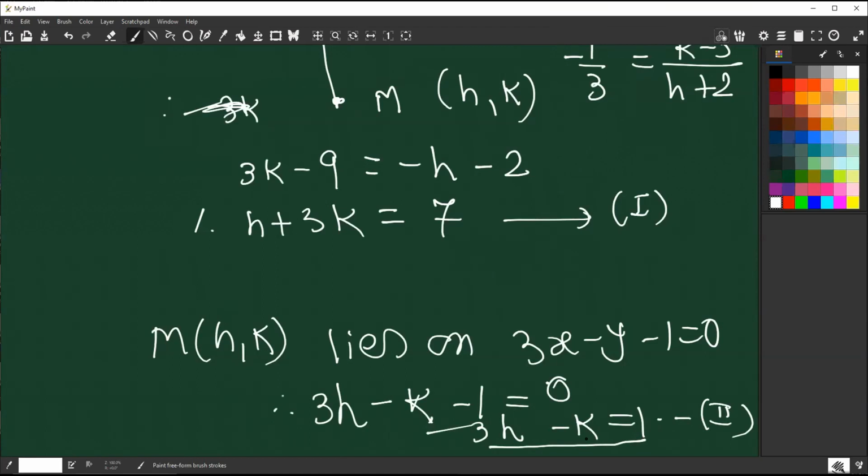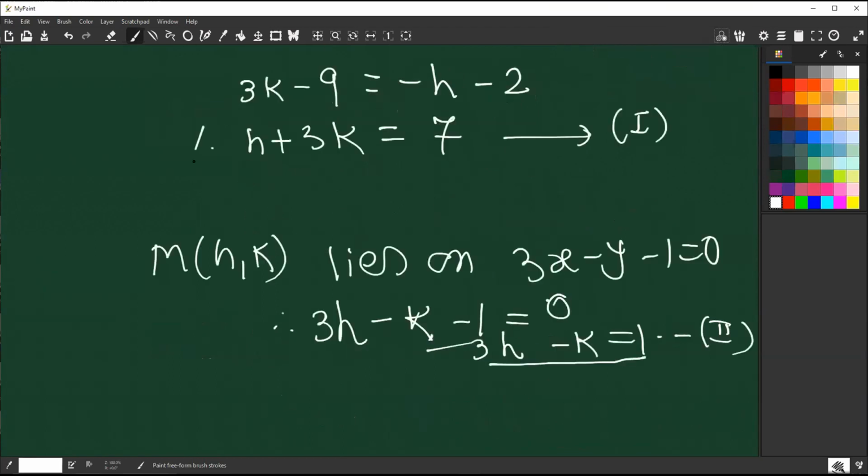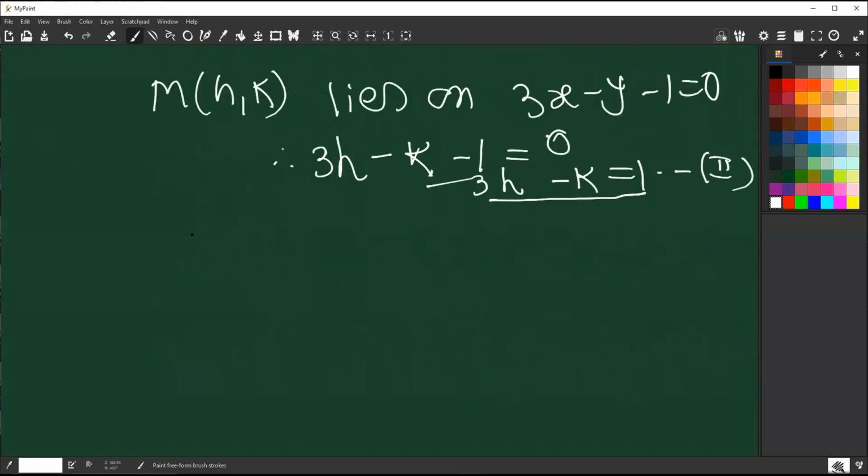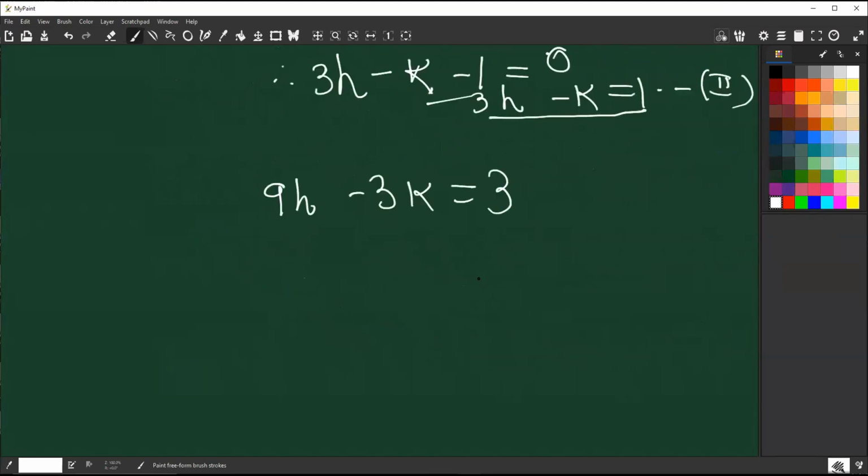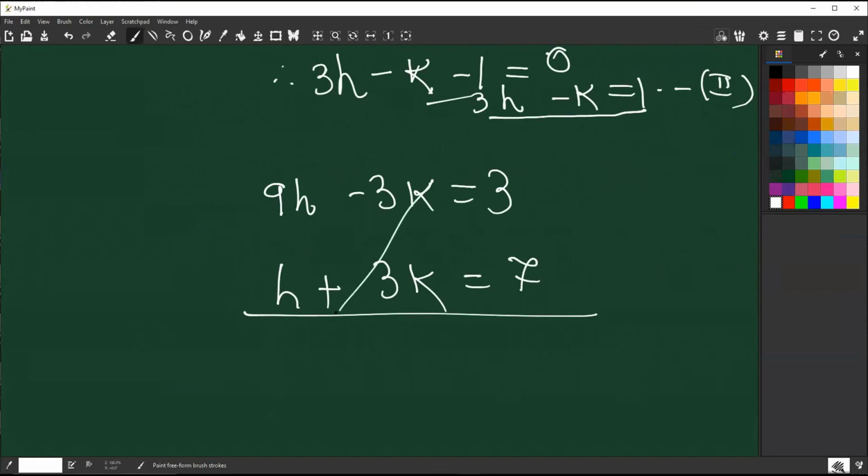So what I'll do now, ये 3h minus k is equal to 1 है, ये equation number 2 को I'll multiply by 3. So I will have 9h minus 3k is equal to 3. And इसके नीचे जो अपना पहला equation आया था h plus 3k is equal to 7. तो ये add करो. So this will cancel.